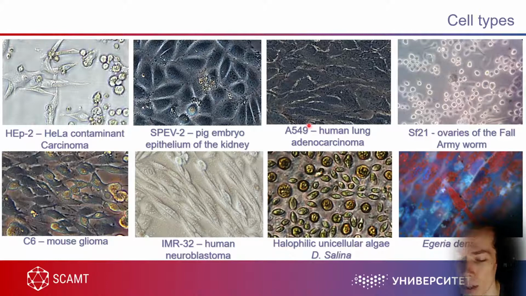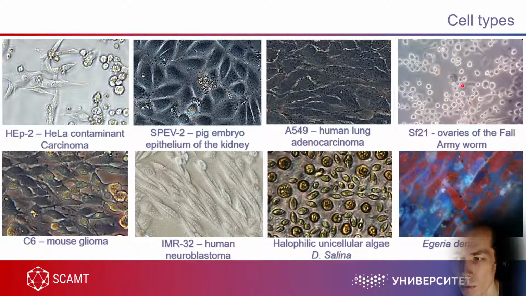Let's proceed. Let's stop with apoptosis, necrosis, and so on, and go to the cells and what can happen to the cells. As you can see, there's a lot of cell types. It can be different cancer cells, epithelial cells, different brain tumors, mice cells, human cancer cells, different algae, unicellular algae.